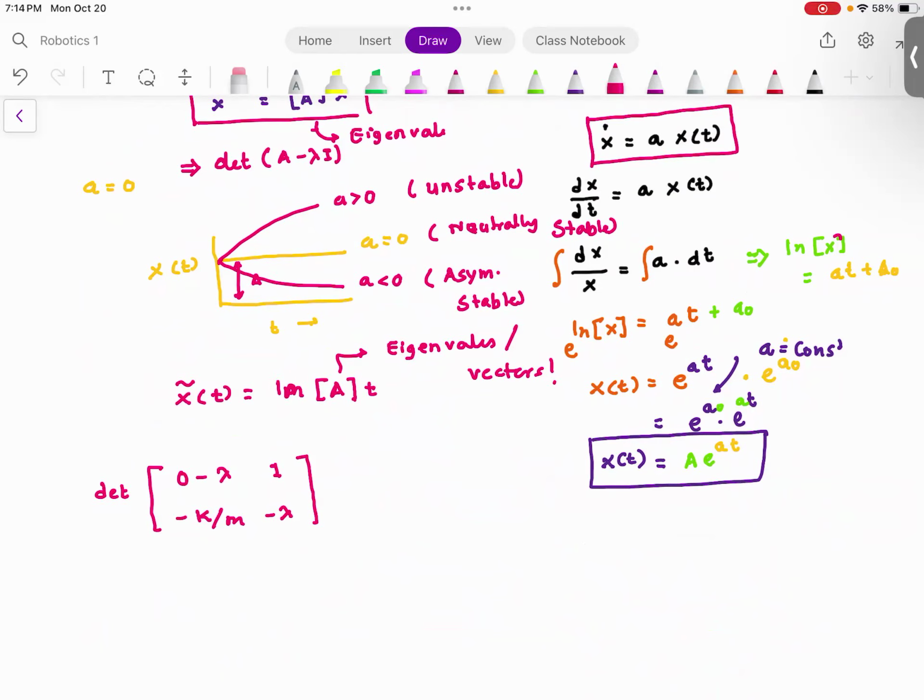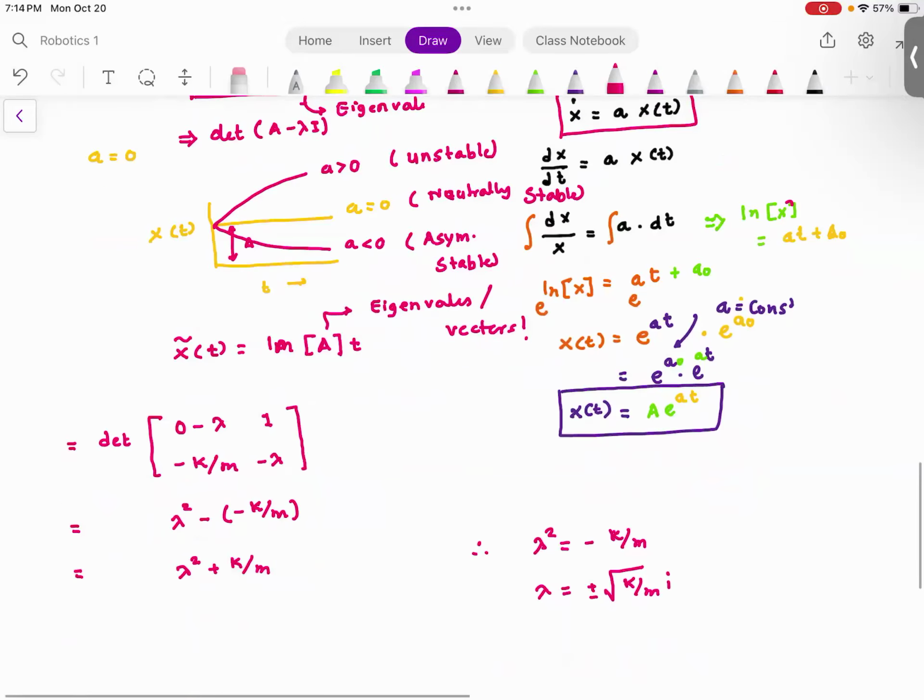You will notice this eigenvalue problem gives you lambda square plus k by m. And this is the exact same equation. Lambda square is equal to minus k by m, and then lambda is equal to plus or minus the square root of k by m times i.